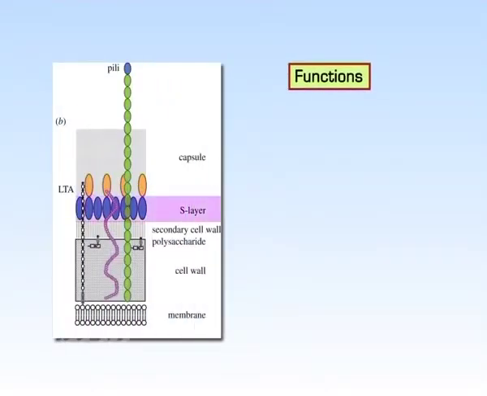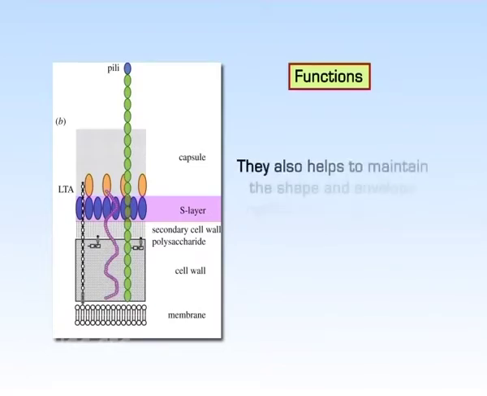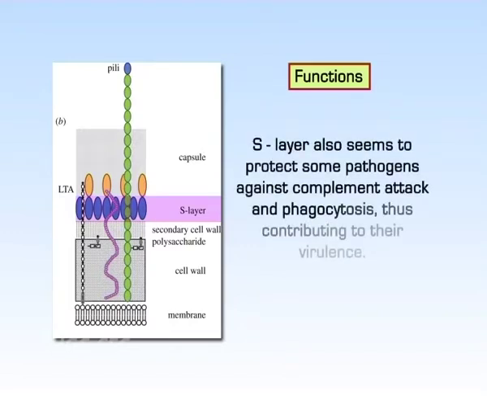And when we come to the function of the S layer, it may protect the cell against ion and pH fluctuation, osmotic stress, enzymes, etc. They also help to maintain the shape and envelope rigidity of some bacterial cells. The S layer also seems to protect some pathogens against complement attack and phagocytosis, and these contribute to their virulence.